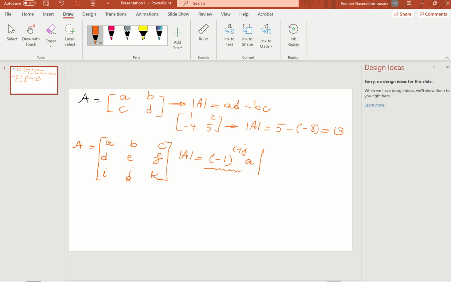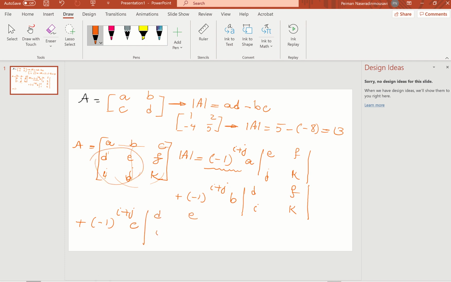In a, I'm eliminating this column and this row, so the determinant of e, f, j, and k. Again, plus or minus the cofactor in b, eliminating this row and column, so the rest is d, f, i, k. Plus the cofactor in c, so the determinant of this part, d, e, i, j.